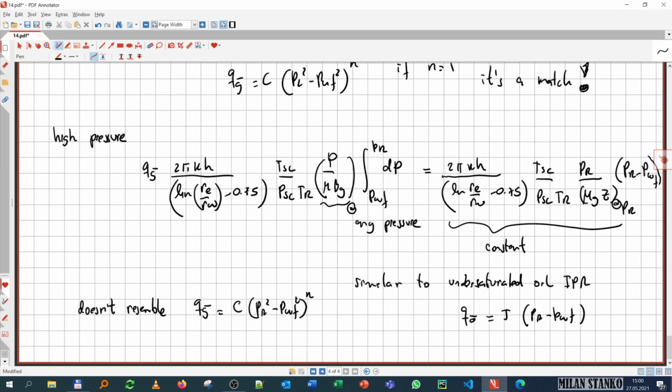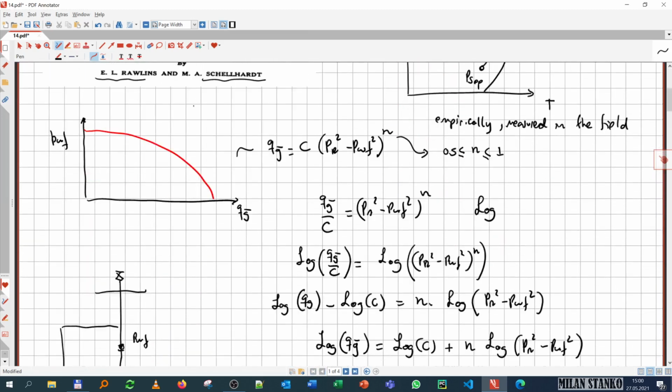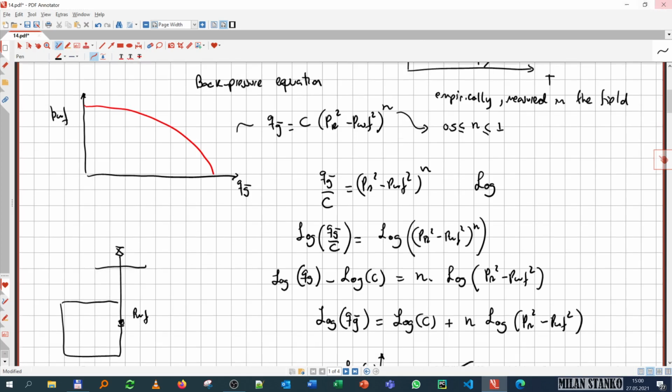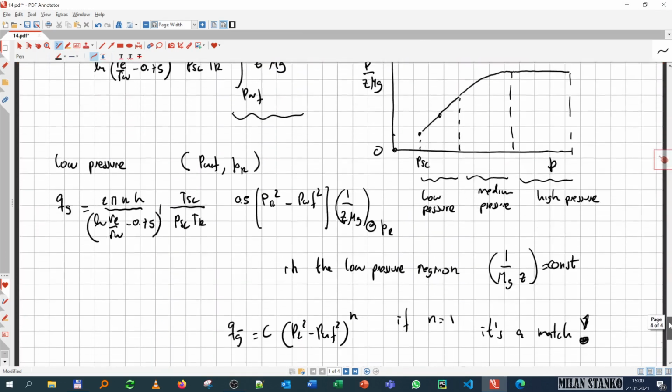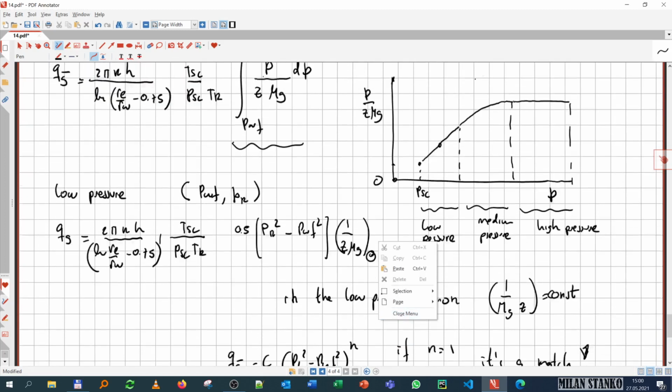I'm not sure if we called it before, but maybe we should mention it here: this is called the back pressure equation, what these guys made. The one that we found here doesn't resemble it, but essentially the wells that these guys were working with were all low pressure. That means that you should be either in this range or in this range.